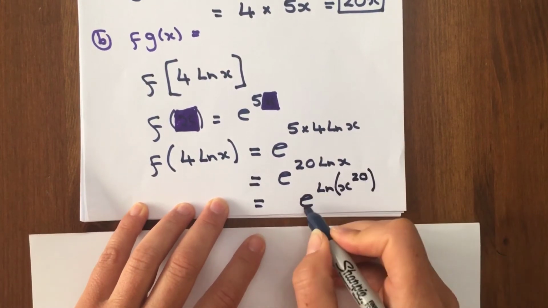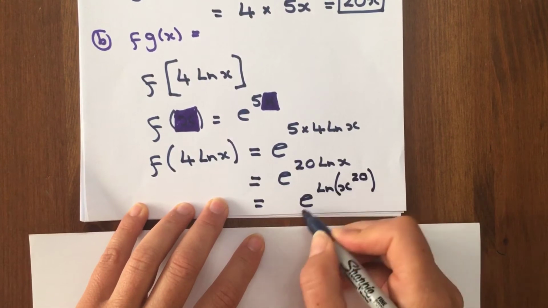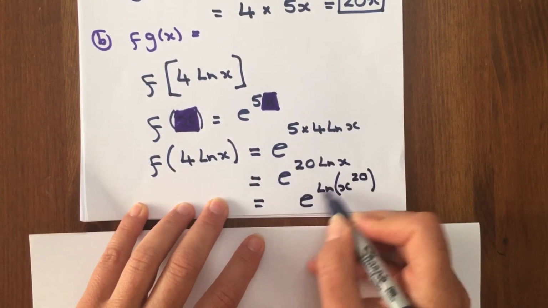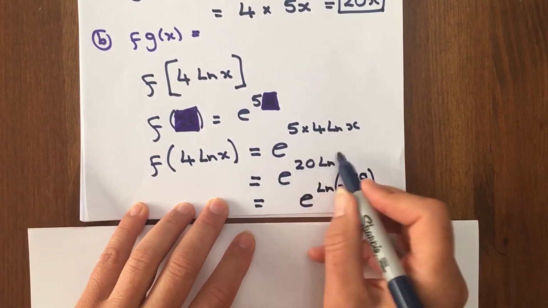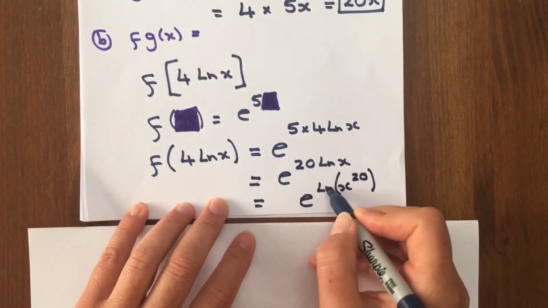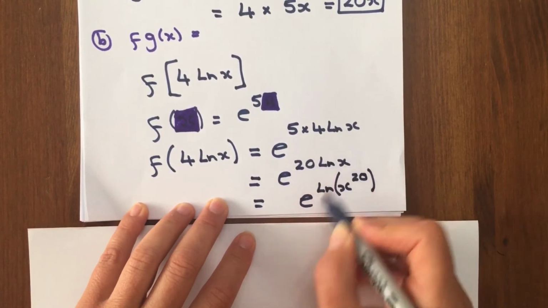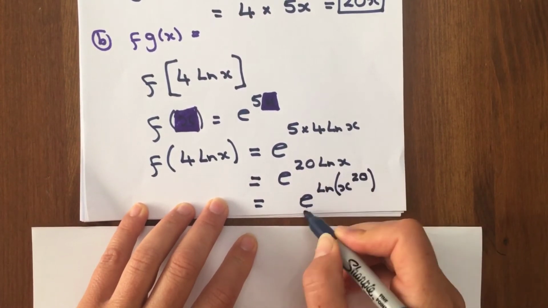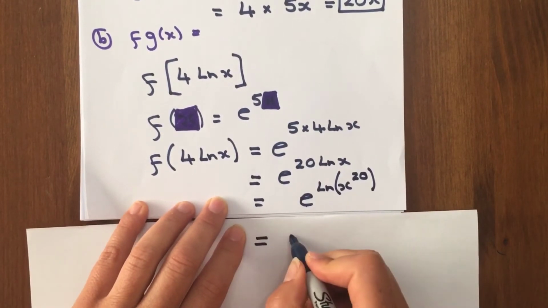Okay. Now e and ln, okay, I can now cancel the e and the ln, okay? Because at this stage here, ln is not just a pure function, it's 20 times ln x. Now the e and the ln are next door to each other, they are inverse functions, so they will cancel.